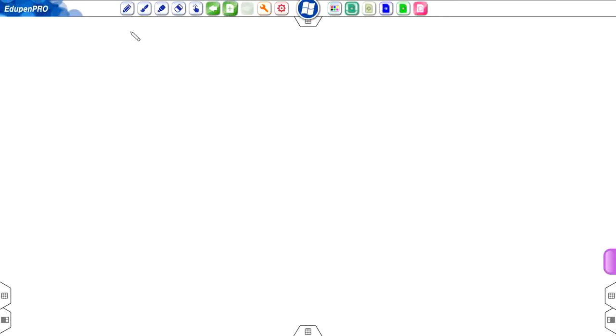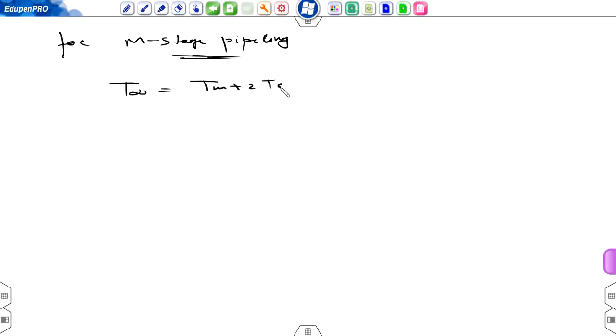Okay, so for m stage pipelining or m stage clustered look ahead transformation, this can be used interchangeably for IIR filter. Okay, so the iteration bound will be for this filter Tm plus 2Ta by m.